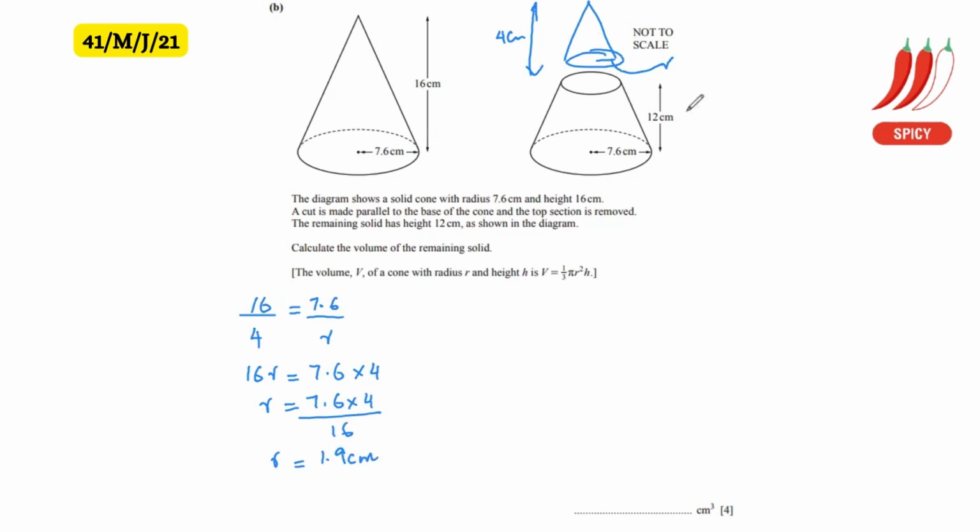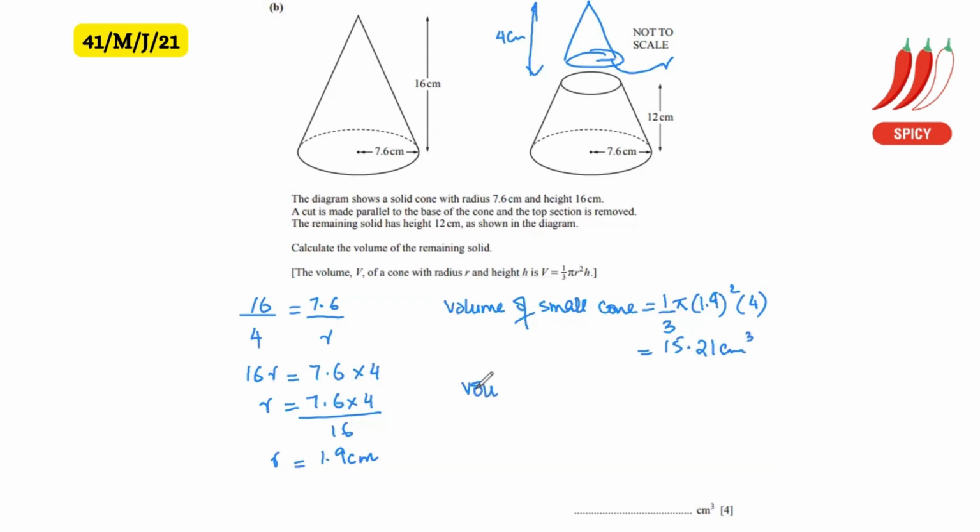Now that we have the radius of the small cone, we can use the volume formula to find its volume. That's going to be 1/3 pi times 1.9 squared times the height, which is 4. That gives us 15.21 centimeters cubed.